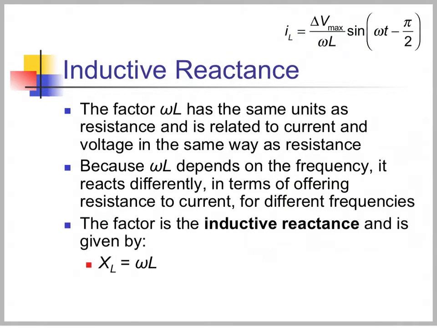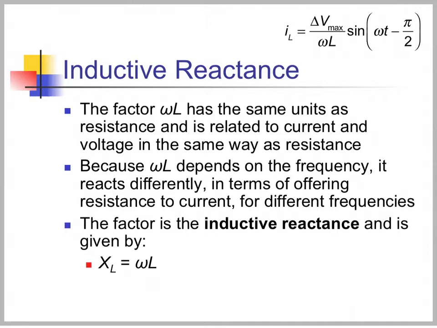So that factor ωL has to have the same units as resistance, and it's related to current and voltage in the same way as resistance is. Because ωL depends on the frequency, it offers a different resistance to the current at different frequencies.